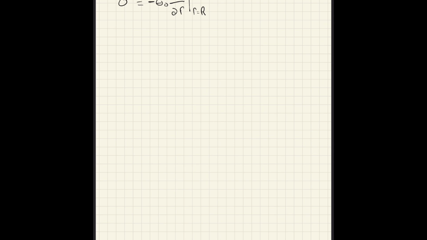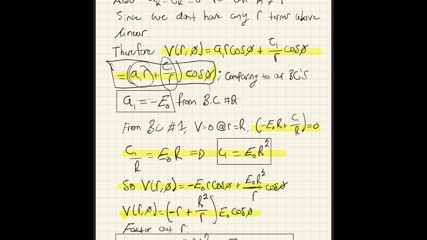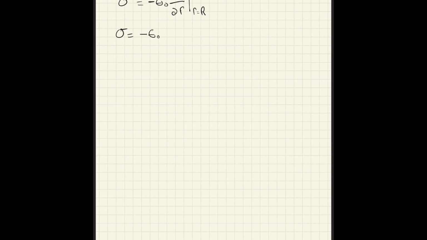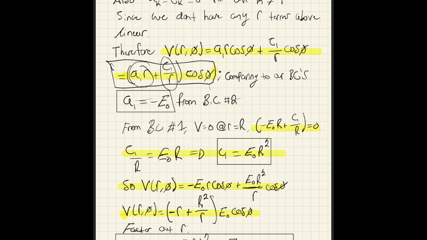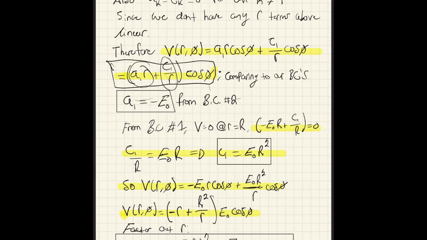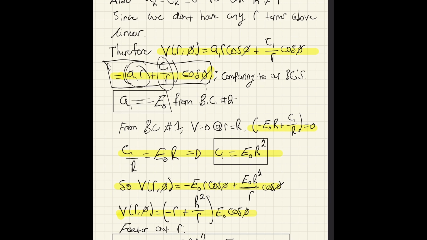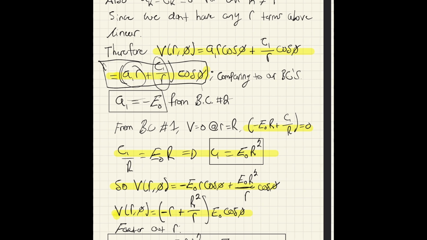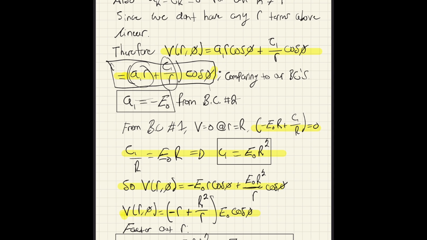So let's just go ahead and plug this stuff in. We have minus epsilon naught, and then the potential is this, and we're taking the derivative with respect to r, which means the cosine term is going to be constant with respect to this derivative. So that r there at the bottom is going to be part of the derivative.